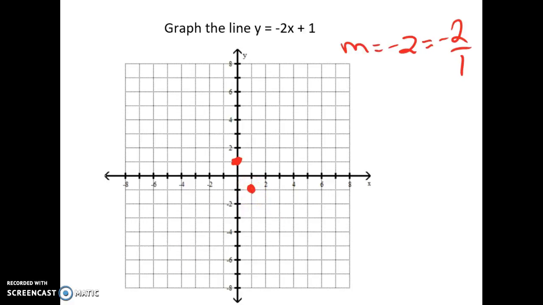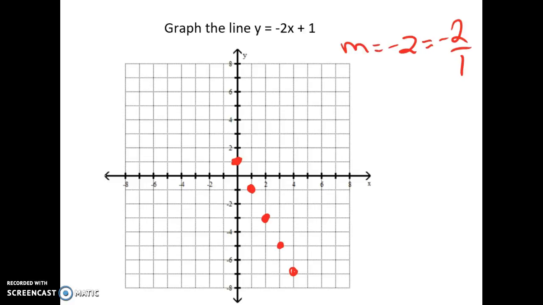We can continue making this movement of rising down 2 and running to the right 1 to get to other points. If I continue, I land at 2, negative 3, then at 3, negative 5, then at 4, negative 7, and I won't go beyond this because I'd be moving out of my graphing window.